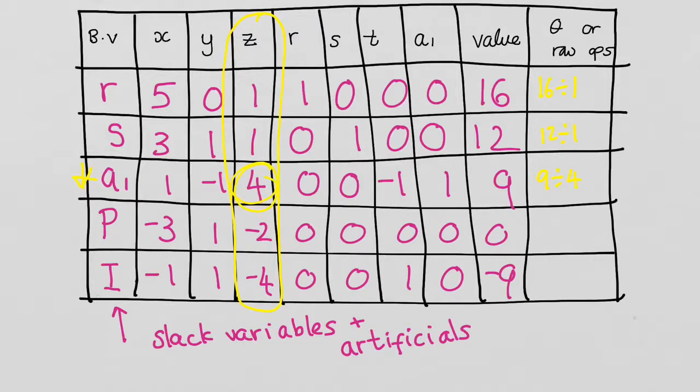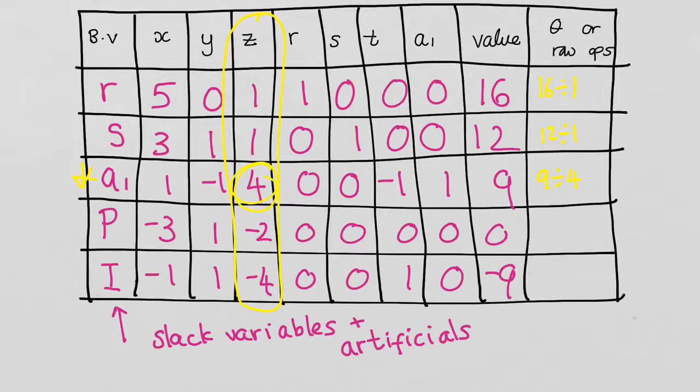So what I will do on the next page is divide all of this by 4, and then do row operations to make all these other entries in this column 0, just like I normally do. But hopefully we'll eventually have most of this go to 0 and this go to 0, and then that means we've got to the end of stage 2.